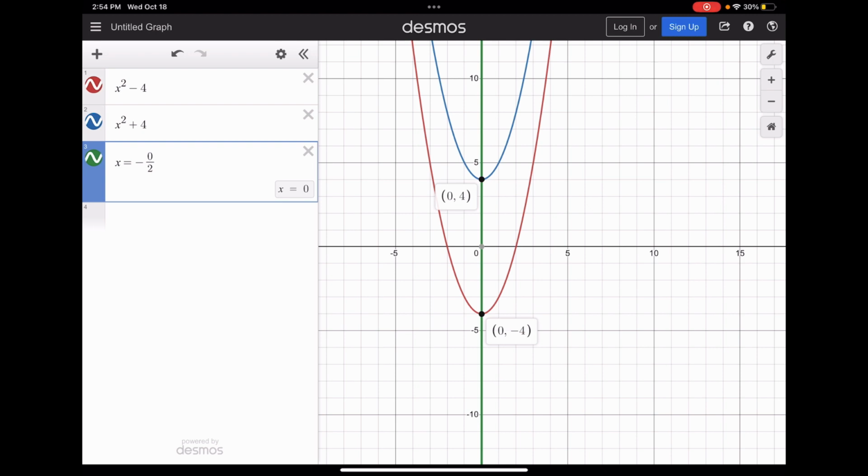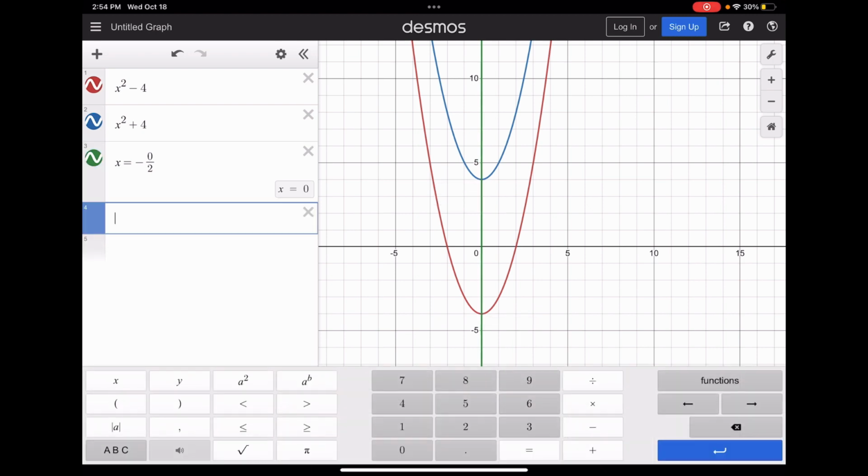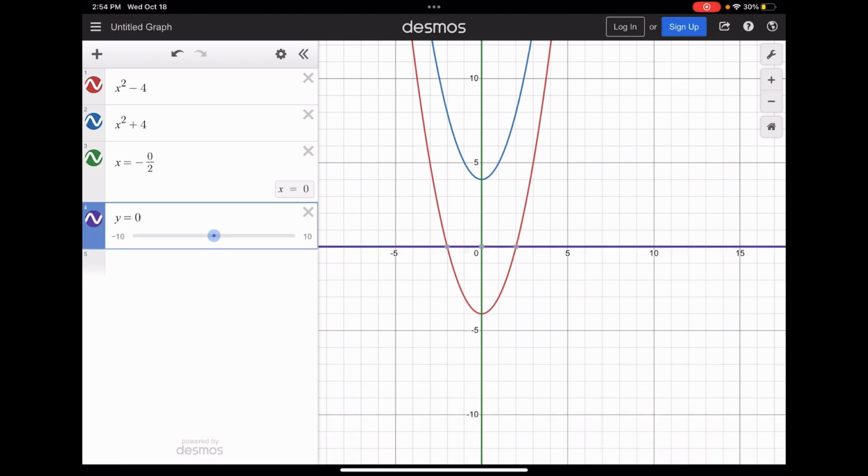Well, x-intercepts are where it crosses the x-axis, so where y is equal to 0. And only one of them has x-intercepts, and that's the one that is under, right? That has the y-intercept of negative 4, x squared minus 4. So if we did our quadratic formula or any of our other ways of finding the roots, we could find that as well.